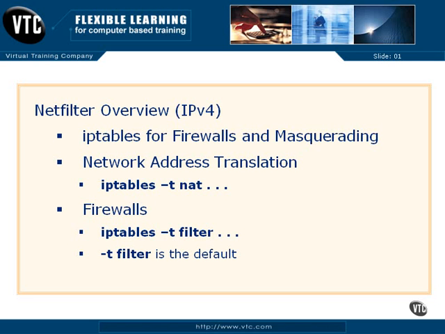If you don't see a -t switch, iptables has a default -t filter. That refers to netfilter. In that case, the iptables command is acting as a filter for incoming packets, thus the firewall.